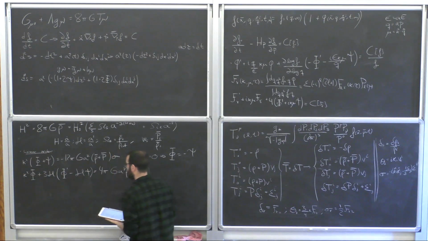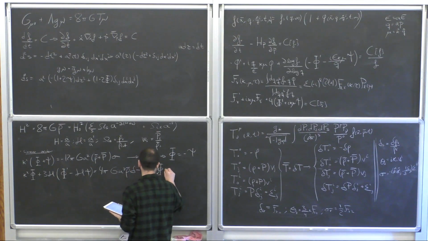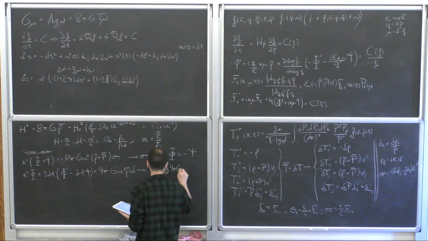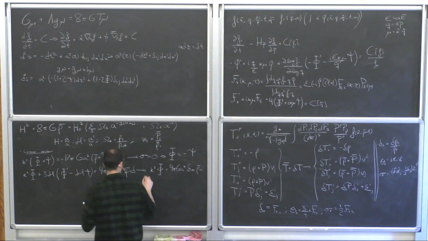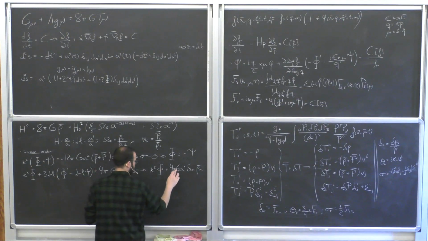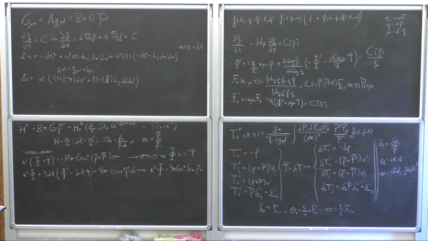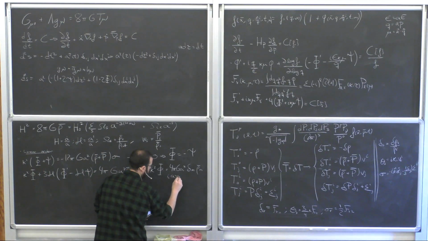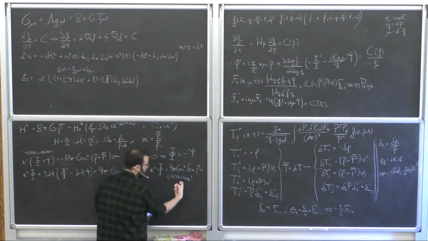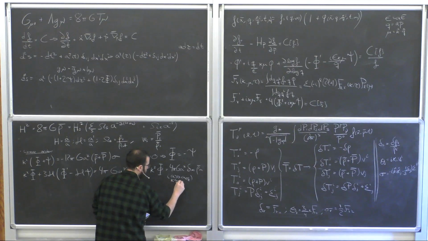we would be in a case in which we have k squared phi equal to 4 pi G a squared rho m delta m, which is the standard Poisson equation. This is only if we are at a moment much later than matter-radiation equality and well within the horizon.